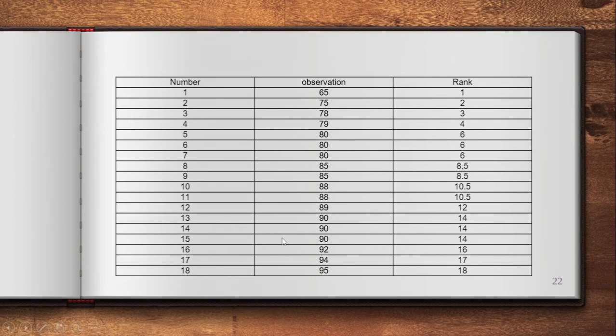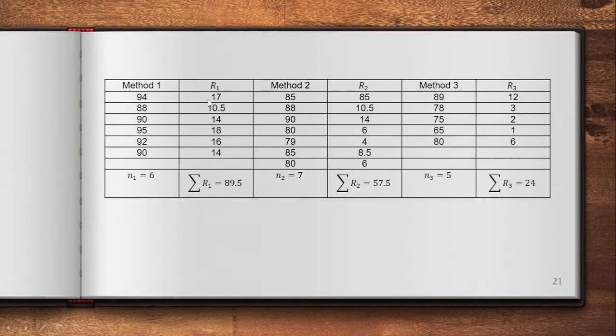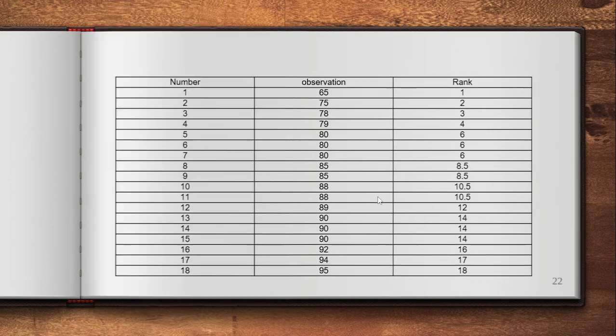Now in ranking, kasi po pinagsama na po yung method 1, method 2, and method 3. So ito na po siya. Pinag-ranking po siya from lowest to highest. So nag-start po yung pinaka-lowest, which is 65 up to 95.